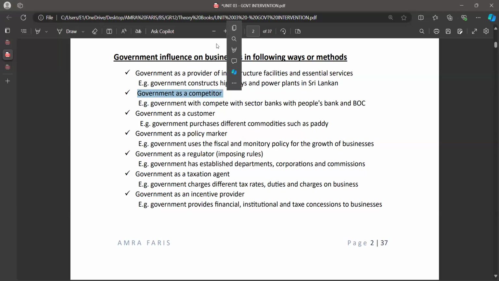BOC, Bank of Ceylon, and People's Bank. And there are private sector banks like Commercial Bank, Hatton National Bank, Amana Bank. These public sector banks are competing with the private sector, so the government is acting as a competitor.